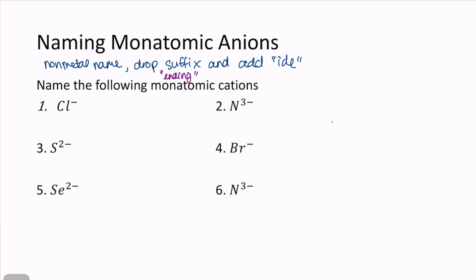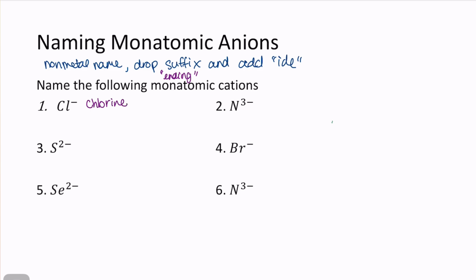So let's look at this example of chlorine. So we're dealing with Cl, which is chlorine. It does have a charge and it's negative, so it's an anion. When I write out just the word for the nonmetal, it is chlorine.